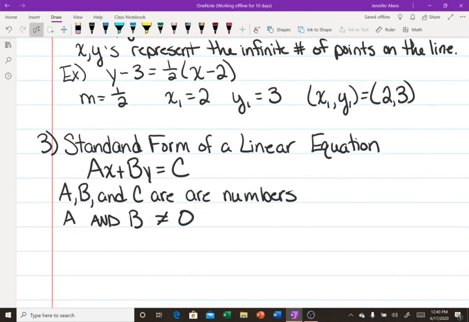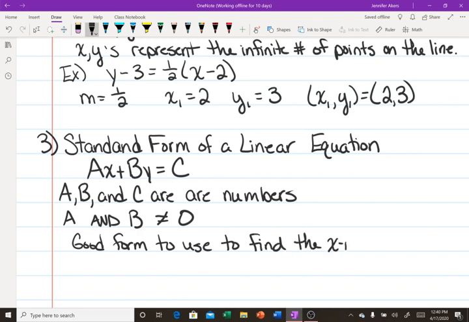Standard form is good if you are trying to find the y and the x intercepts. So this is a good form to use to find the x-intercept, which we'll recall occurs when y equals 0.